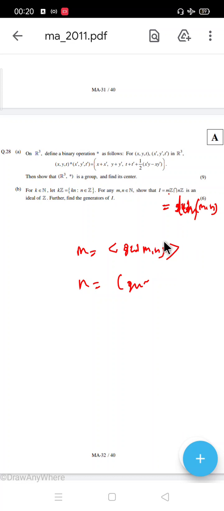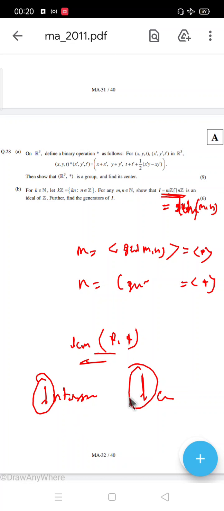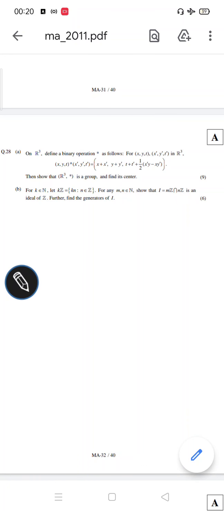So whatever you are getting, see, this is P, this is Q, correct? Then you need to take the LCM of P and Q. That will be your final answer, the intersection. You just remember intersection is the same as LCM. The first letter, I and L seem to be the same. So this is easy to recall.